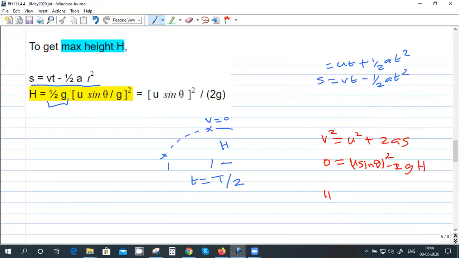So from this I get h as u sin theta square divided by 2g. That's the same result. Is that clear?